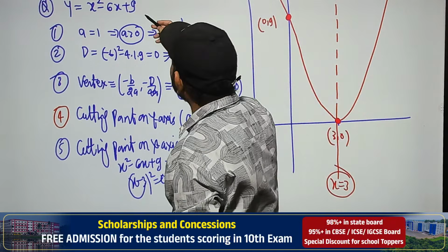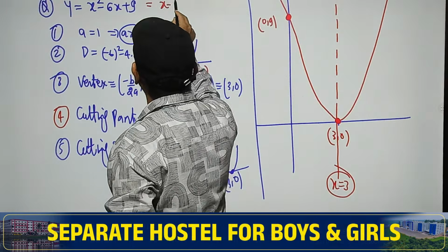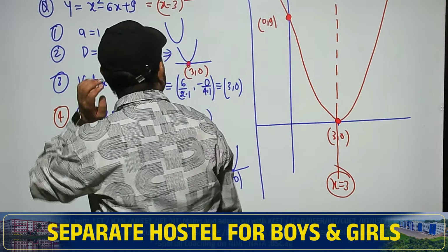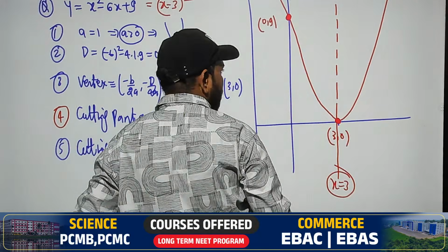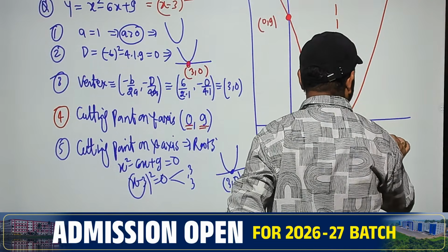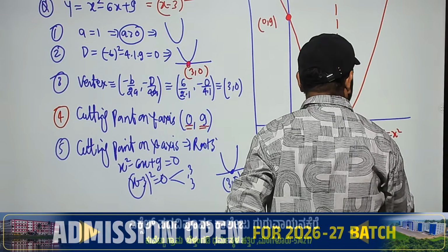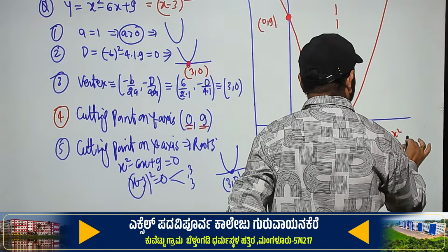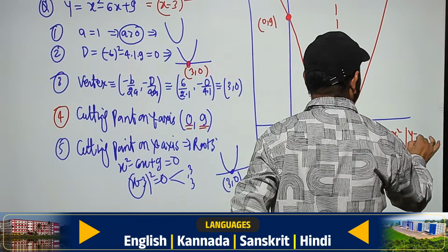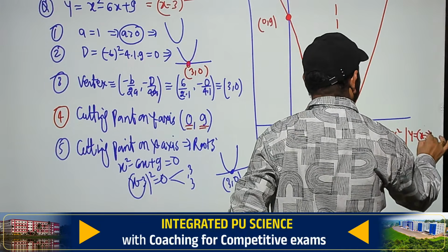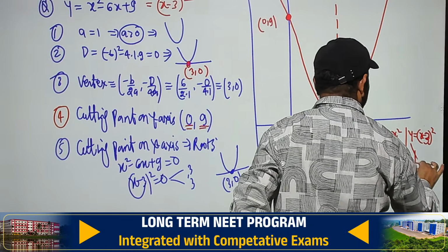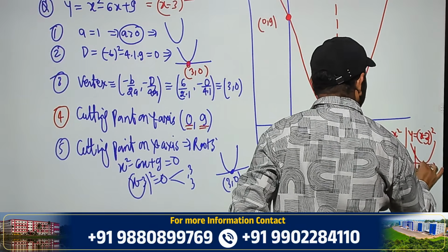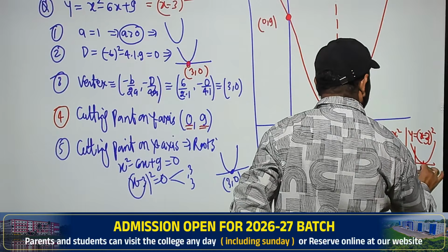Our question is very simple: x minus 3 whole square is actually given. I know y equal to x square is this. But if I say y equal to x minus 3 whole square, then this graph will shift to 3. So the graph is coming at the point 3, 0.